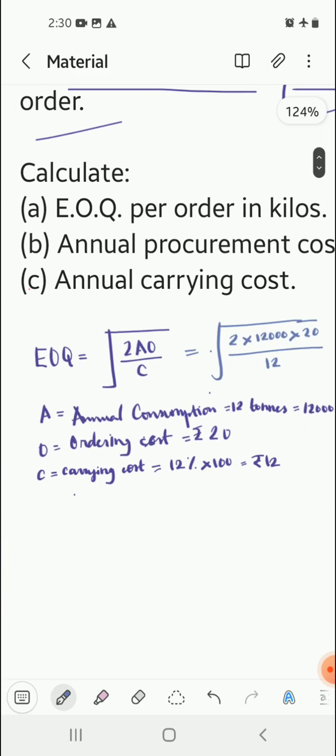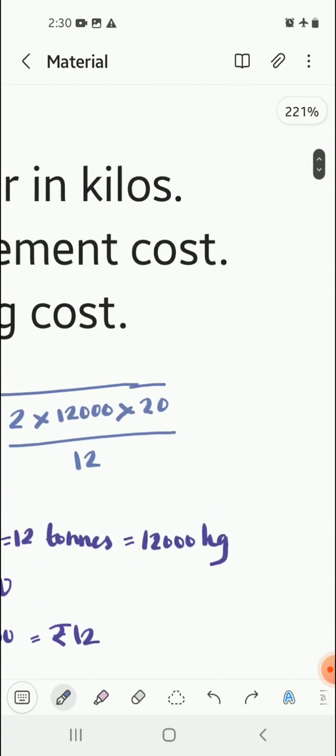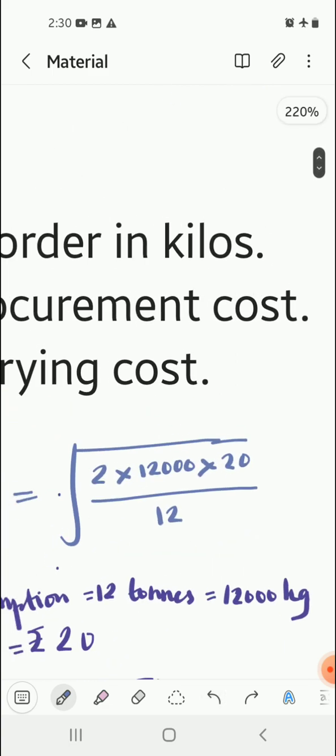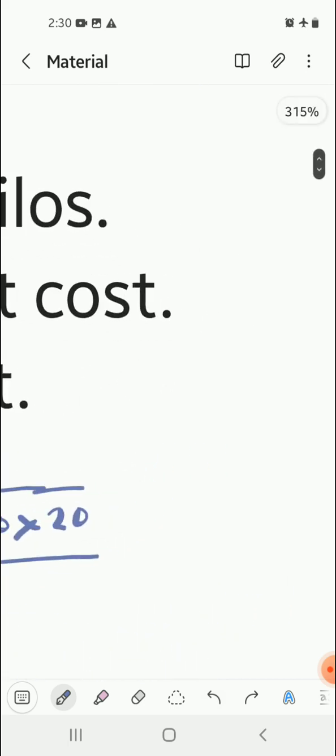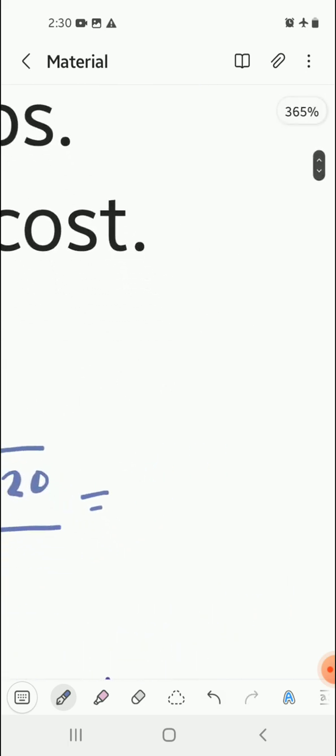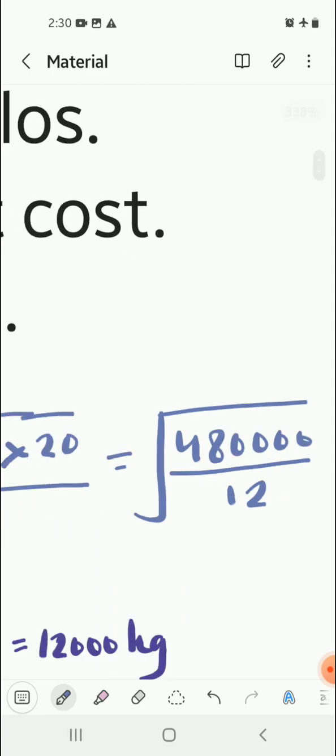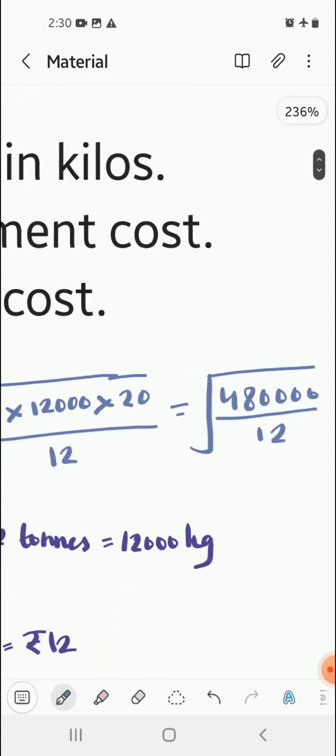That is our C, carrying cost. So 2 into 12,000 into 20. 20 into 2 is 40, 40 into 12,000 comes to 4,80,000, divided by 12, and its square root.